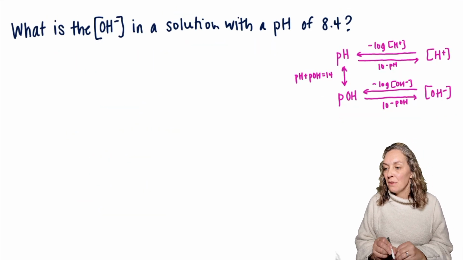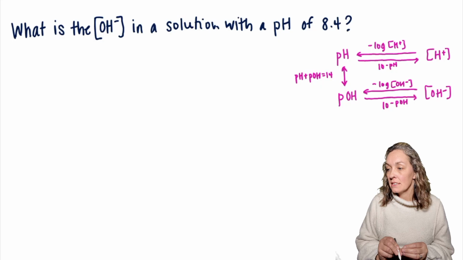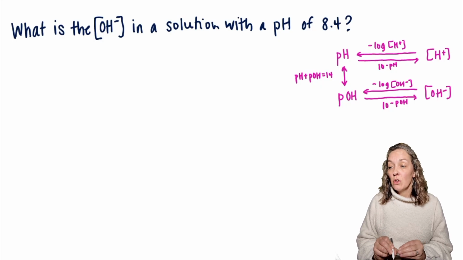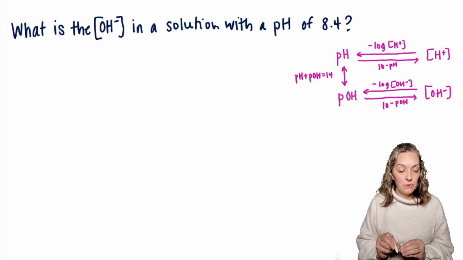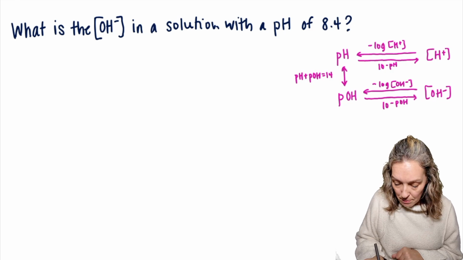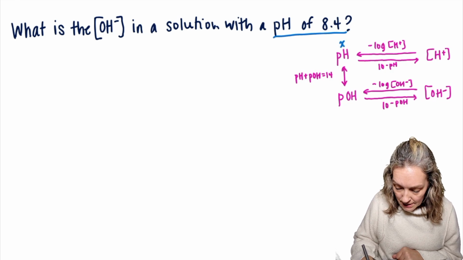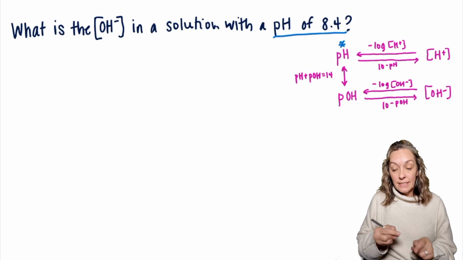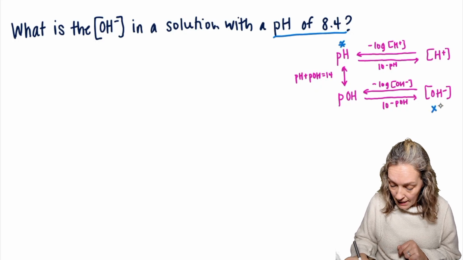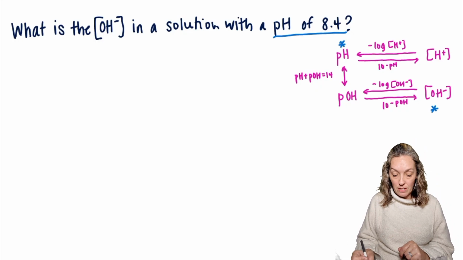All right, my next problem asks what is the OH minus concentration in a solution with a pH of 8.4. I'm starting with a pH value. That means I'm starting right here. I'm trying to get to an OH minus concentration.